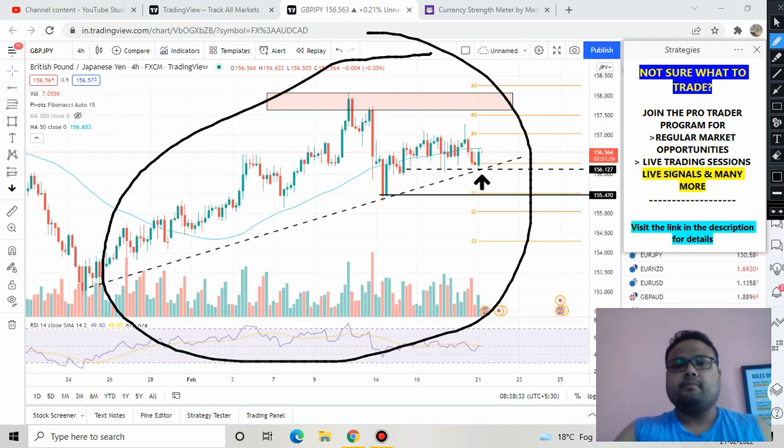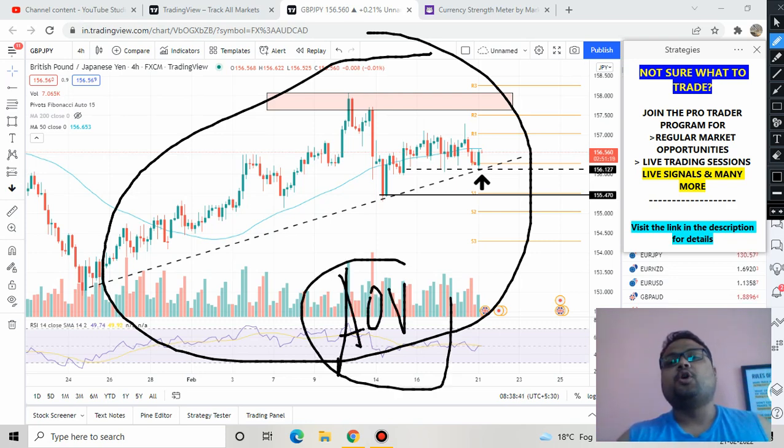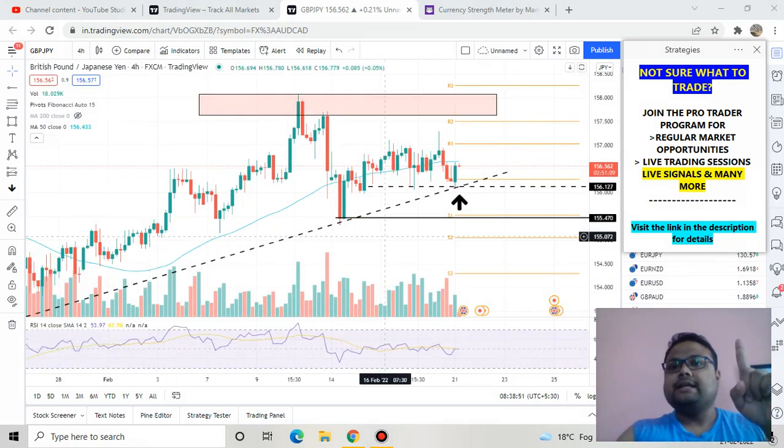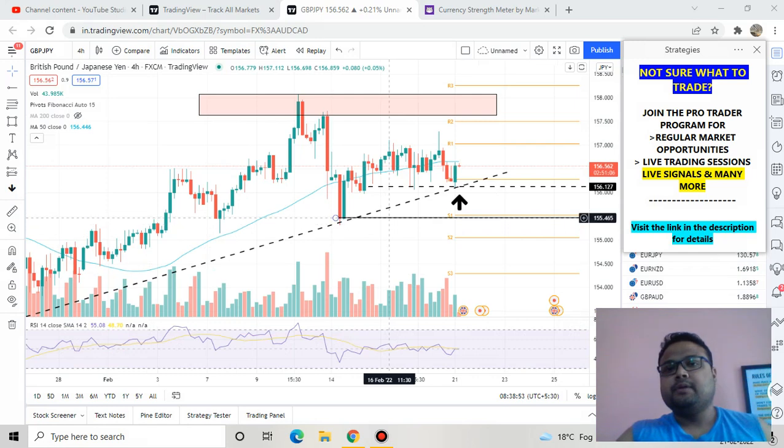And in a trending market, where is the area of value? The area of value is always near the support. And here you can see that we have the trend line acting as dynamic support.